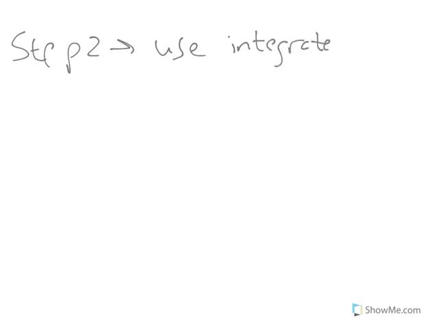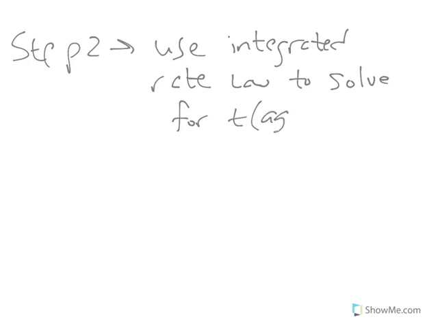Now we're going to step two, use the integrated rate law to solve for T, which is the age. Not T1/2, but T. This is the age of the organism, if you will, or the remains.